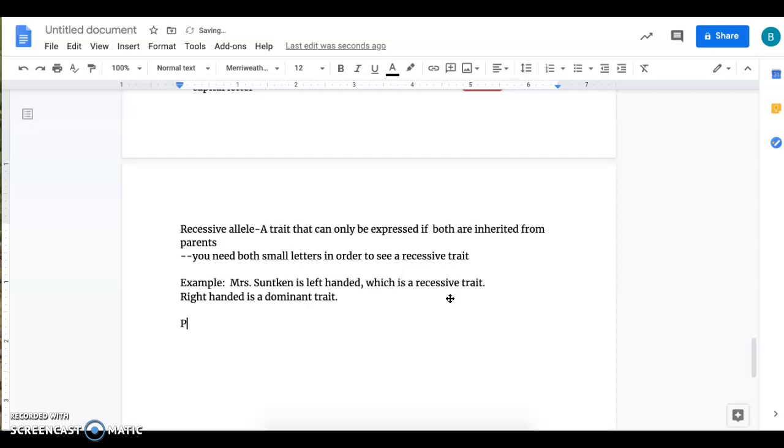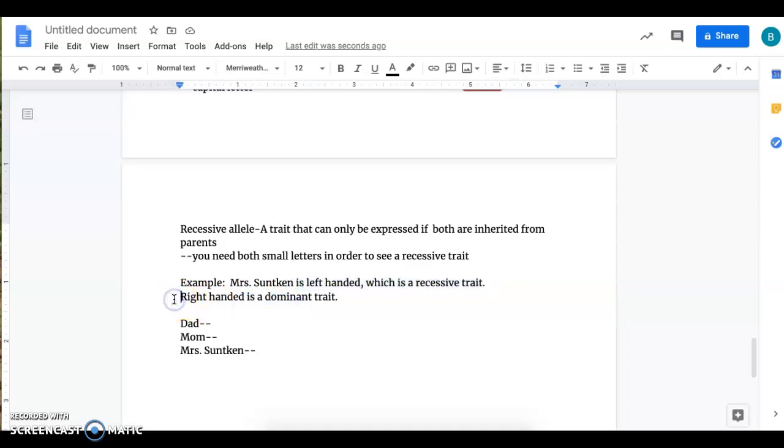So let's go Dad and Mom, and then Mrs. Sunken. So my allele combination, we're going to go with the letter R because R is dominant.